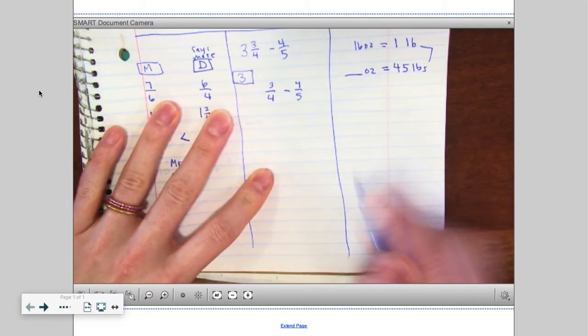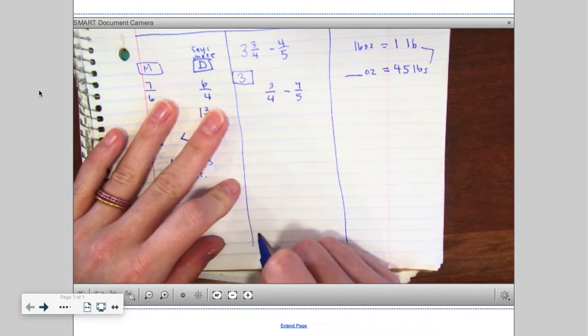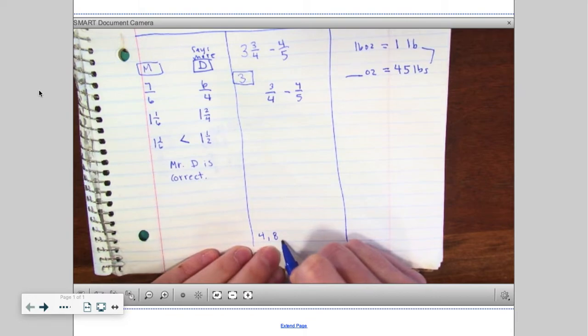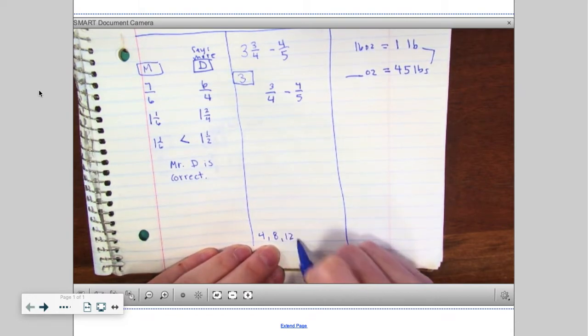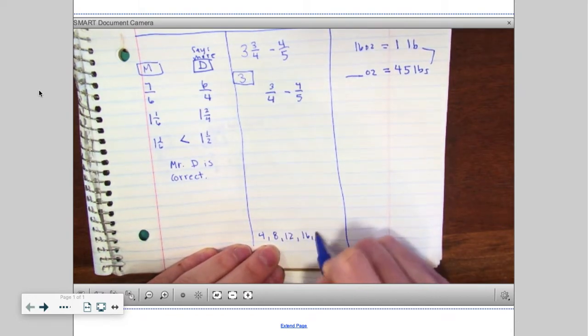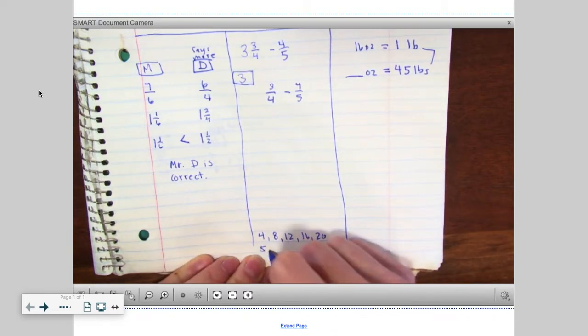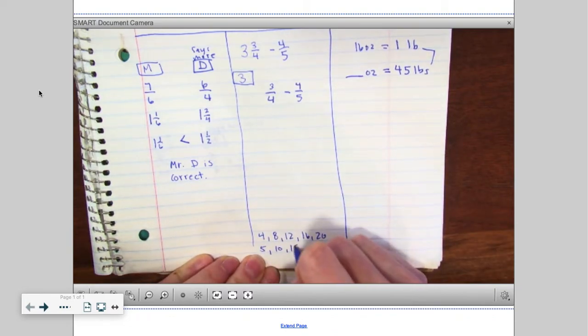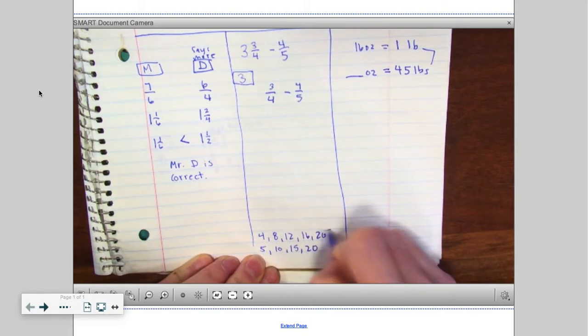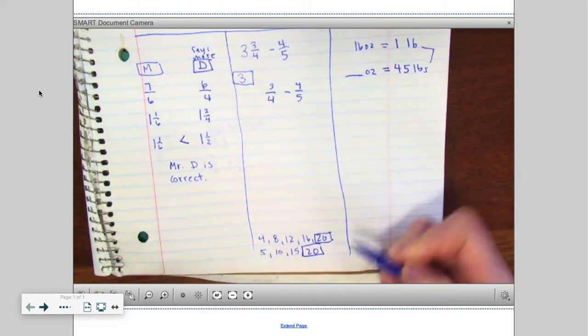Watch what I do. Let's see, I've got 4. I'm going to list out my multiples of 4. 4, 8, 12, 16, 20. I bet that's my winner. I don't think 5 goes into any of those. 5, 10, 15, 20. 20 is my winner.